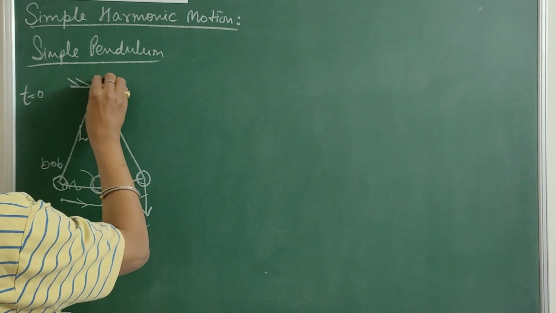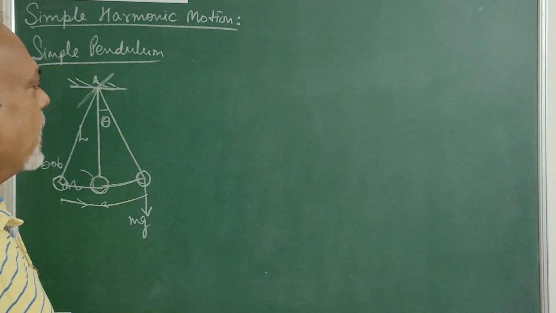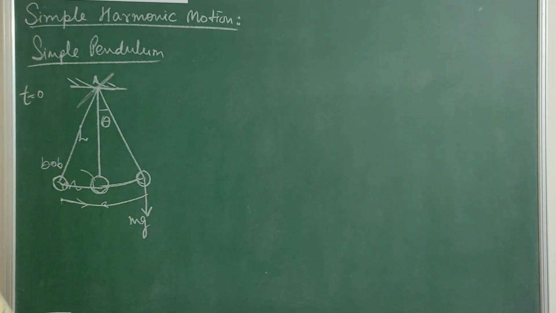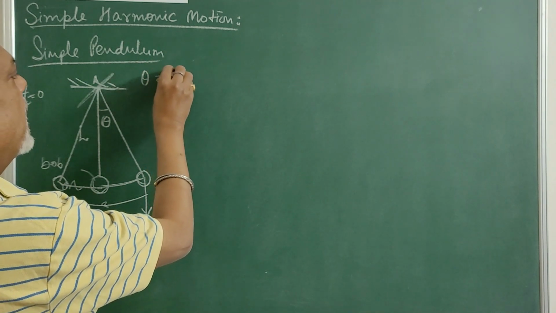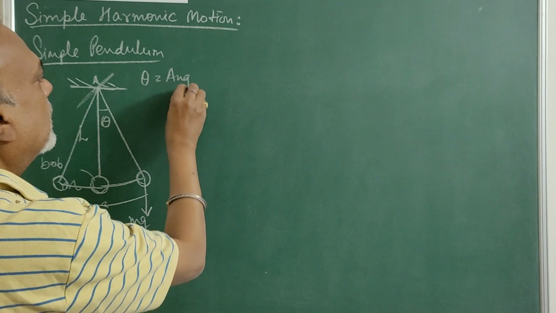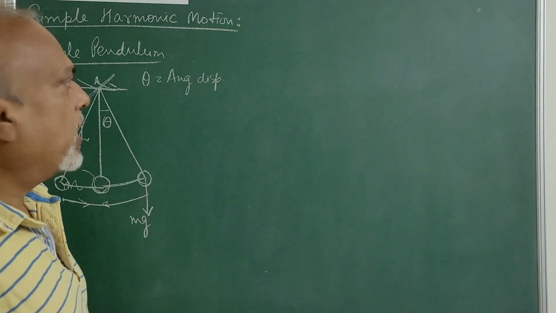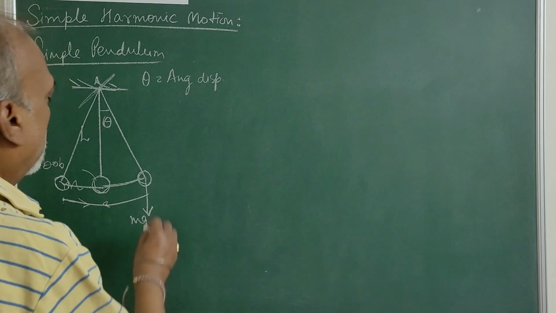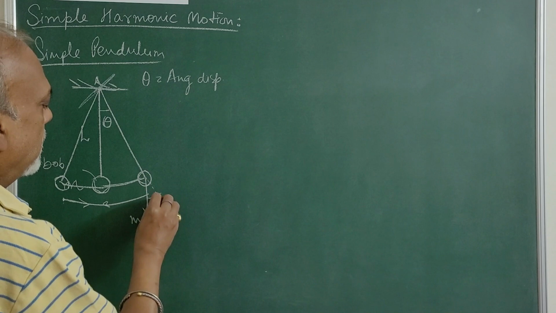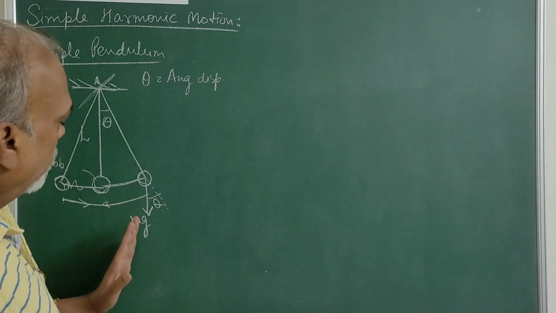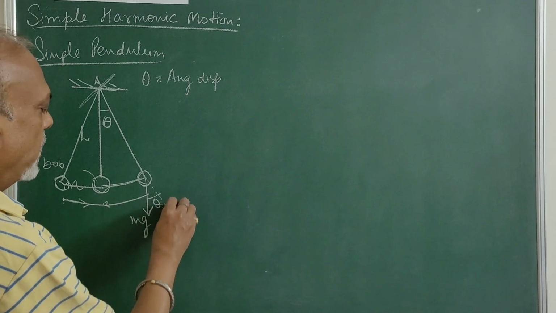Suppose this is a point A and this is the axis perpendicular to the board, you can assume. Now what is theta? Theta is basically the angular displacement. Correct? So if you extend it, then this is also theta, and this gravitational force will have two components.